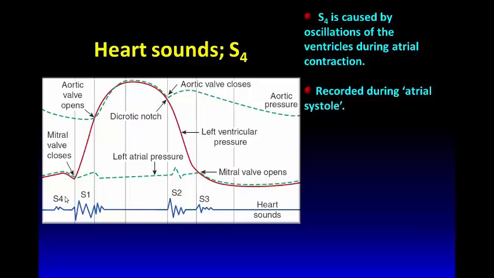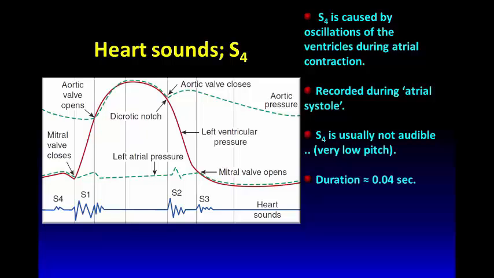So it is recorded by phonocardiography during atrial systole. It is usually not audible with the stethoscope because its pitch is very low. It has a duration of approximately 0.04 of a second. It might be heard with the stethoscope in elderly subjects at the apex of the heart, at the mitral area.